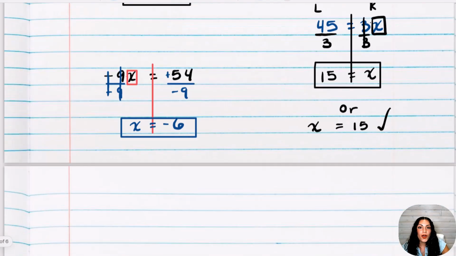Let's move on to our last type of one-step equation, which is division. So like I mentioned, in high school or pre-algebra, algebra 1, you're going to see division with this little bar, which is a fraction bar, but it means division because fractions actually are division, if you didn't know that.